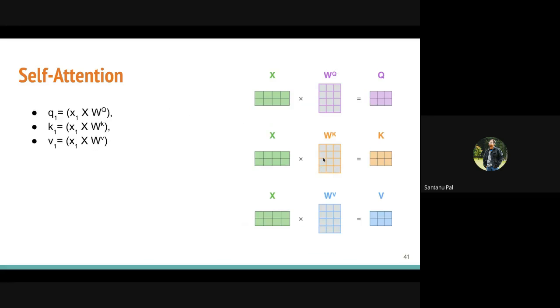The 4 row will be multiplied by the 4 column, and the output will be 3 by 2. So if the x dimension is 2 by 4, then the output will be 2 by 3. A similar thing happens for the other query, key, and value.